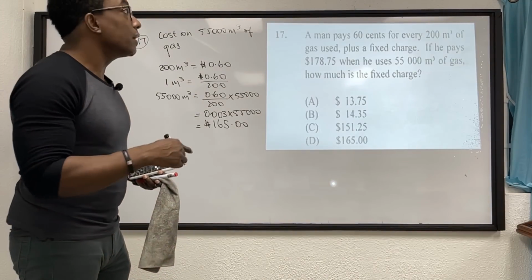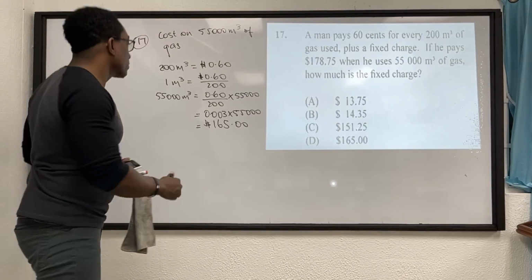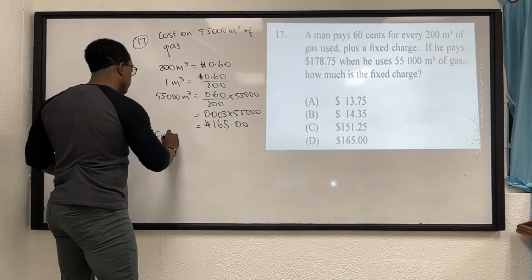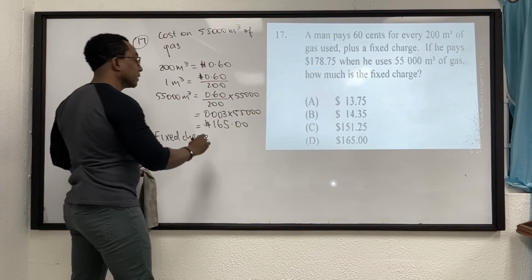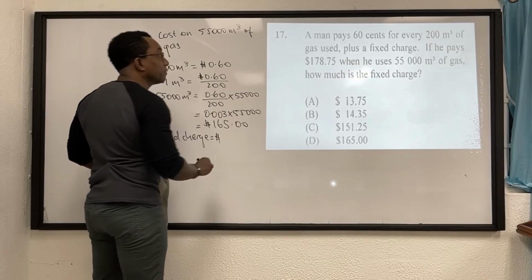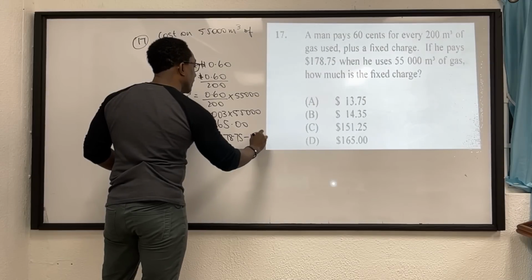And if he pays $178.75, then what is the fixed charge? So the fixed charge will be to subtract $165 from $178.75.